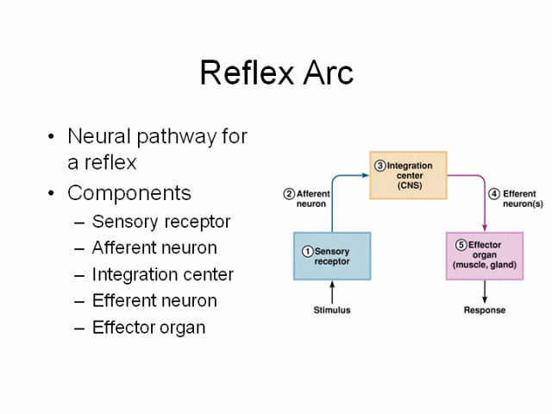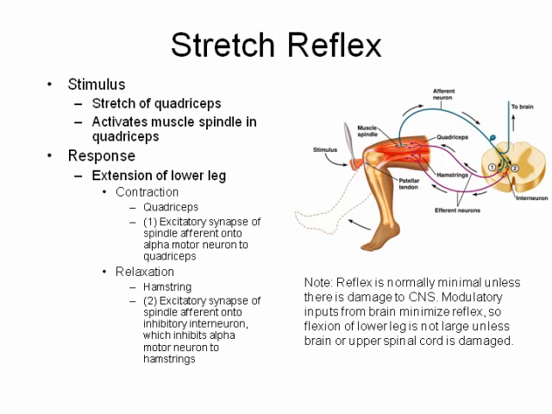So the components of it are the sensory receptor, an afferent neuron, an integration center, which is generally in the central nervous system, and for the two reflexes we'll be talking about, they are in fact in the spinal cord. An efferent neuron, in this case motor neurons, as they are in most cases, and an effector organ that responds to the input from that efferent neuron.